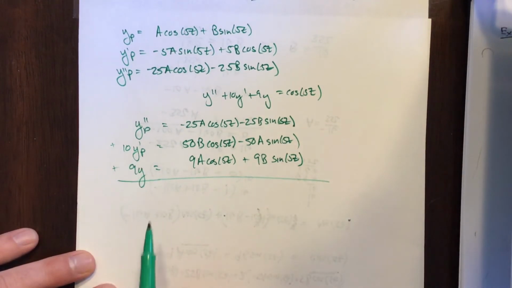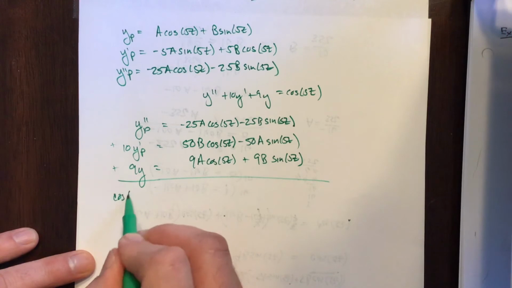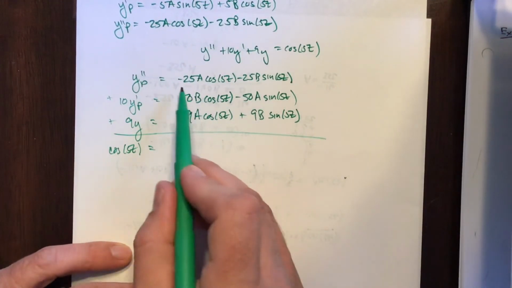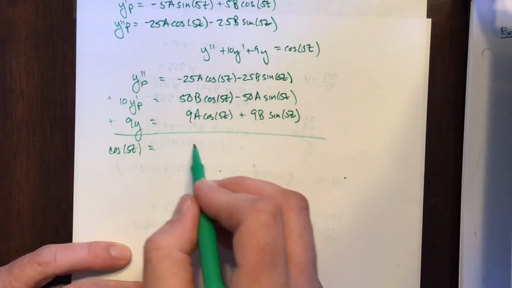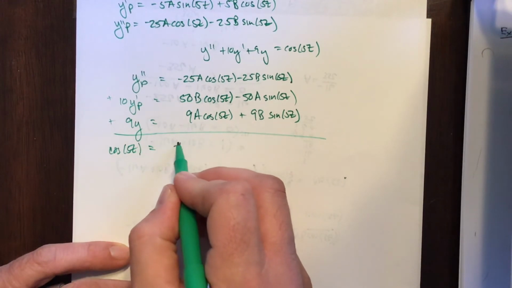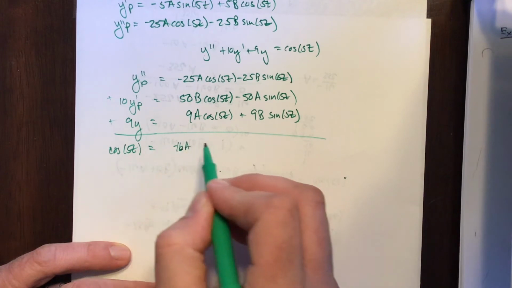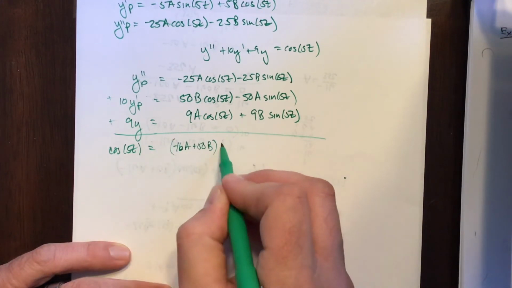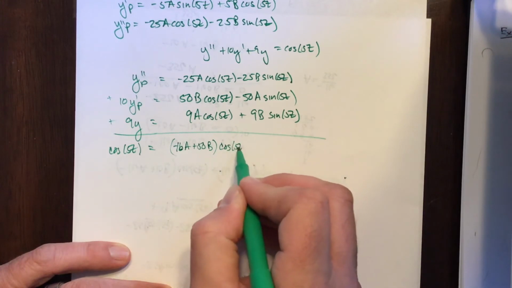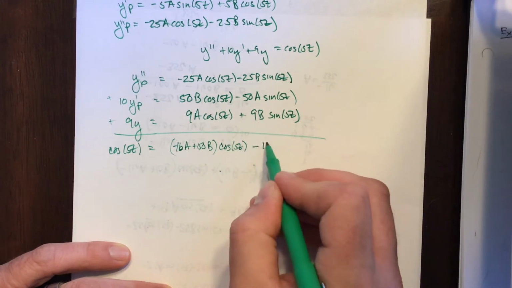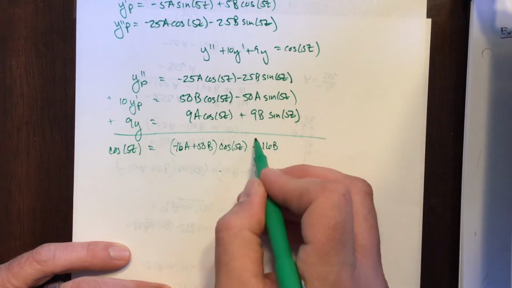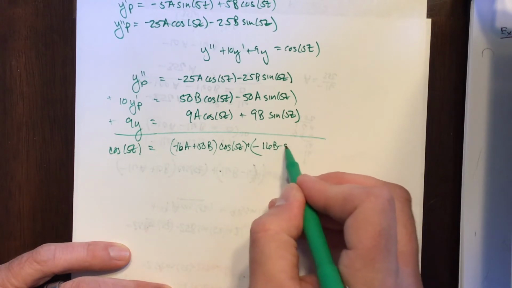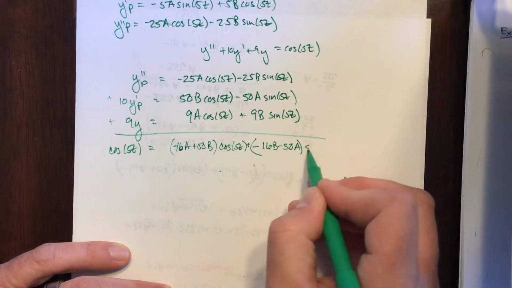So when you add up the left-hand side, you're supposed to get cosine 5t. And when you add up the right-hand side, you get negative 25a plus 9, so that's negative 16a plus 50b times cosine 5t, plus negative 16b minus 50a times the sine of 5t.